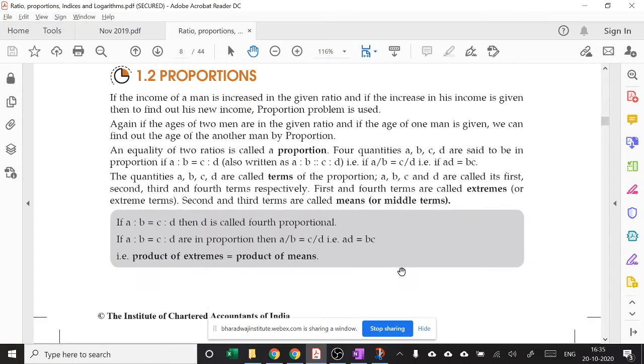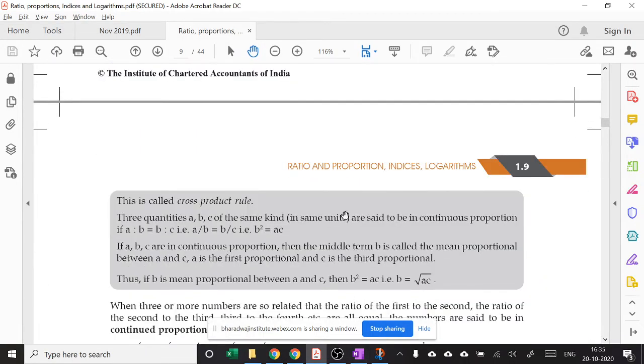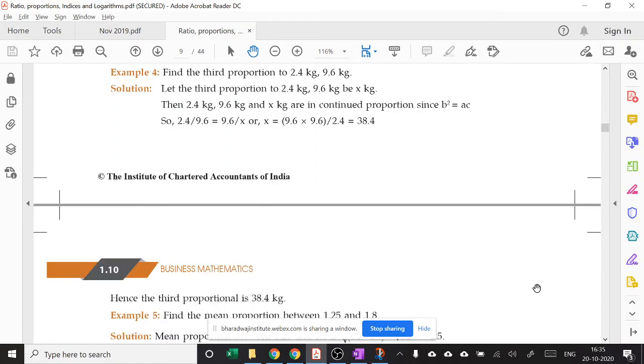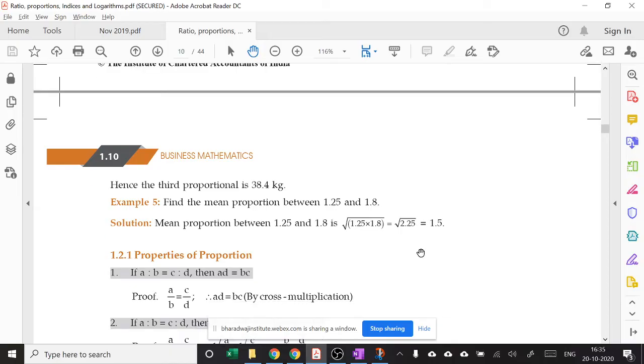Coming to proportion questions, I'll do a couple of questions on calculation of mean proportional, then we'll go to indices and logarithms. Okay, find the mean proportion between 1.25 and 1.8.